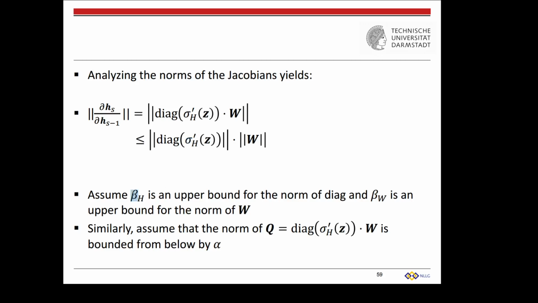Good. So let's say beta h is our upper bound for that part here, and beta w is our upper bound for this part here. And finally, let's assume we also have a lower bound for this whole thing here. Maybe this lower bound is given by alpha, so the whole thing is greater or equal than alpha.